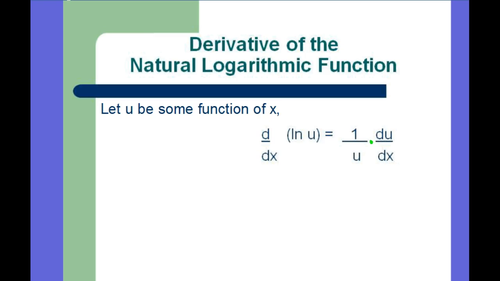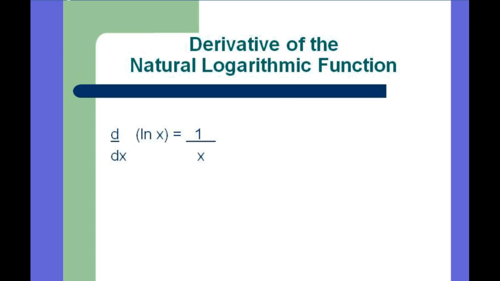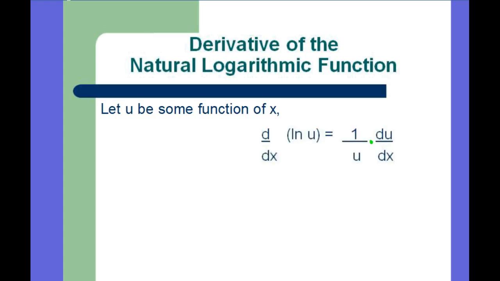So the second part of your notes is 1 over x. The third part is this, which is the derivative of the natural log of u, where u is a function, so it equals 1 over u times du/dx, or u prime. Hold on. Go back.